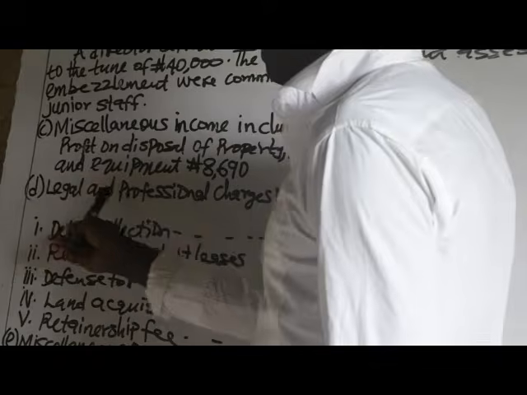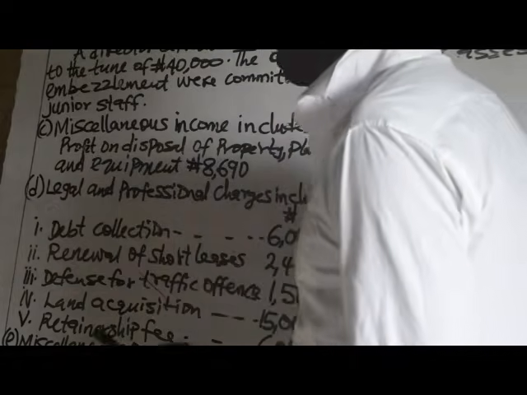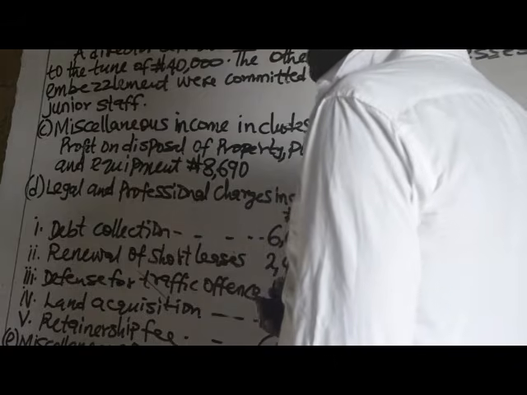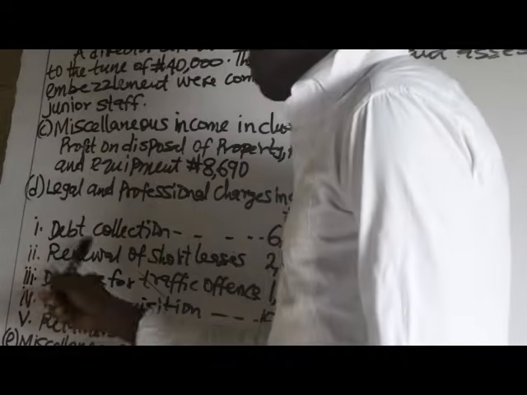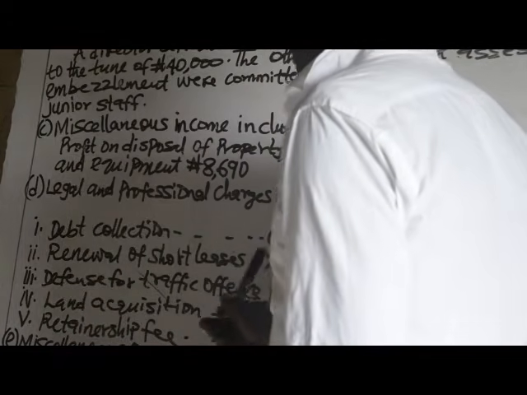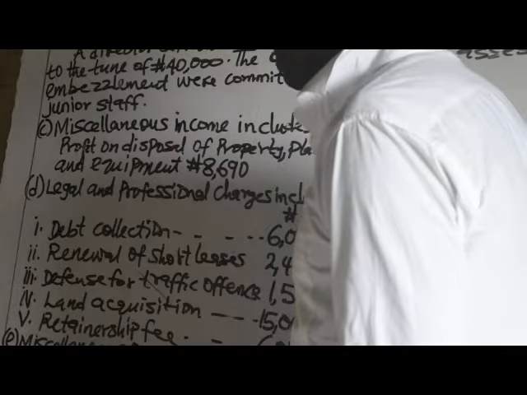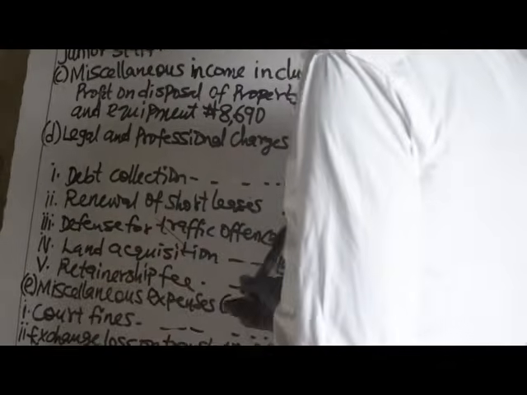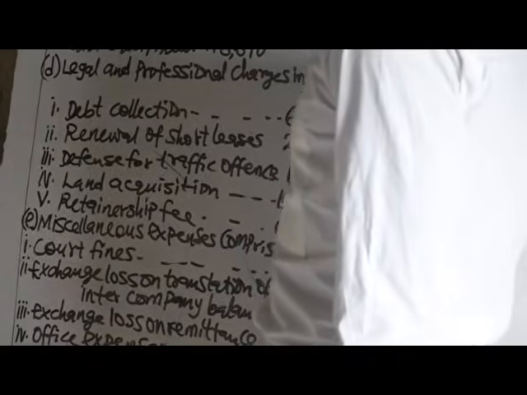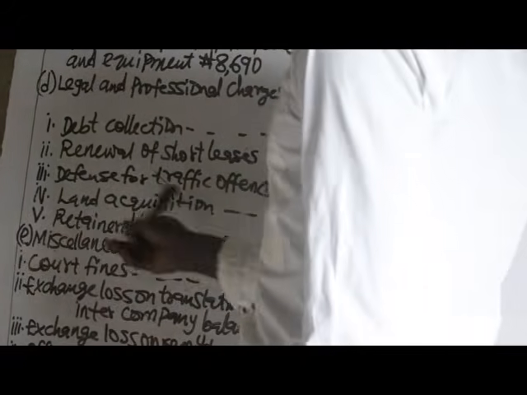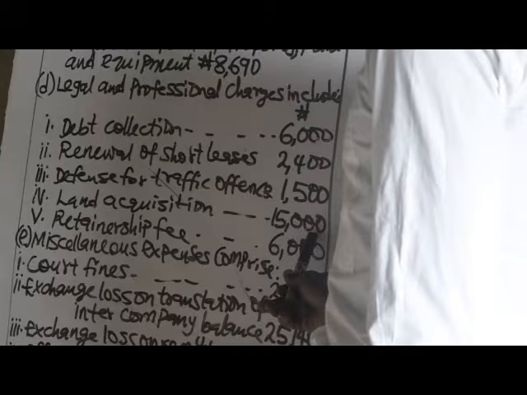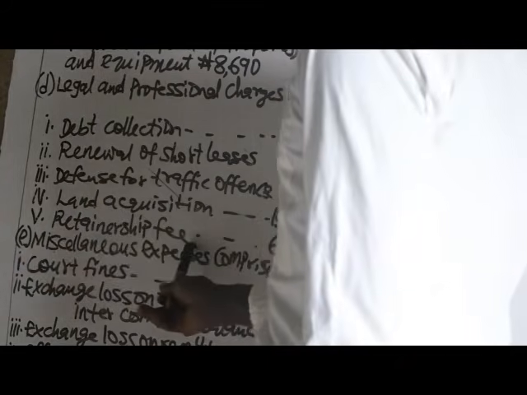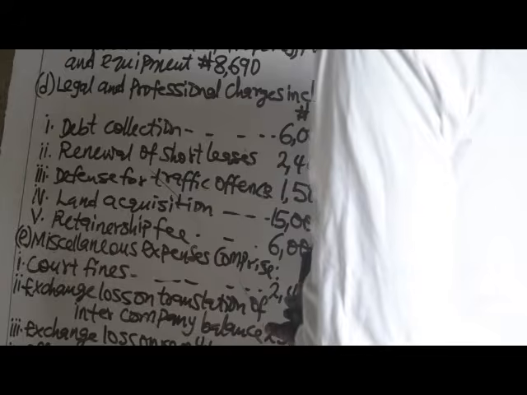D. Legal and professional charges include 1. Debt collection 6,000 naira. 2. Renewal of short leases 2,400 naira. 3. Defense for traffic offence 1,500 naira. 4. Land acquisition 15,000 naira. 5. Retainership fee 6,000 naira.